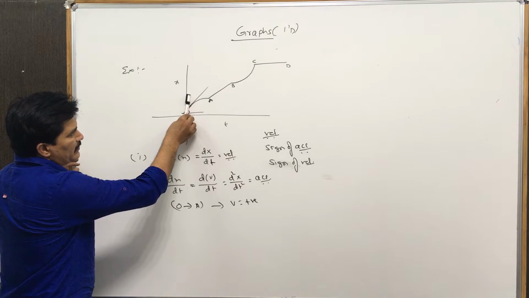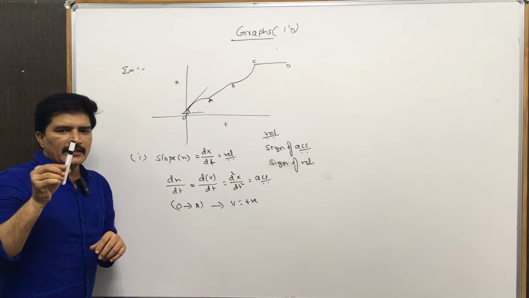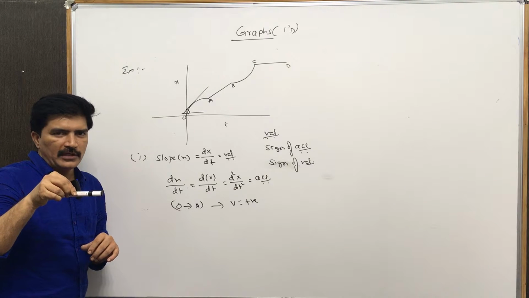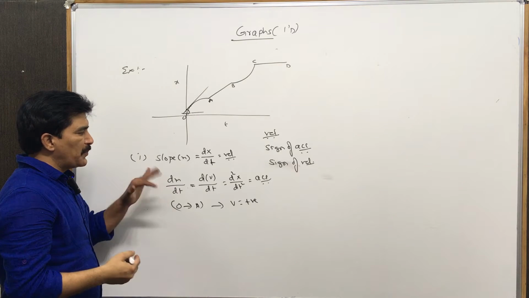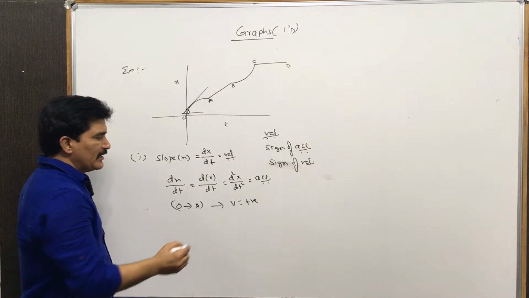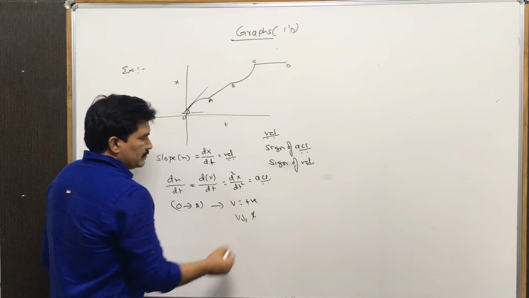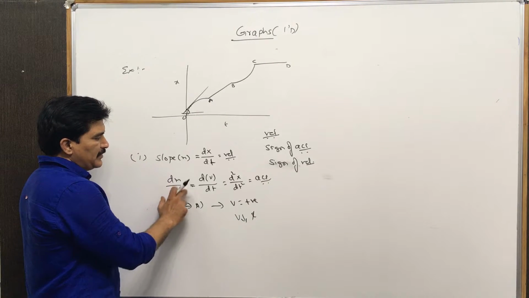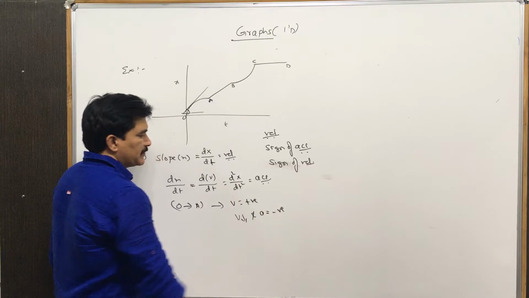At this point the tangent is like this, later like this, later like this, indicating that the tangent is moving towards the horizontal. Theta is decreasing means slope is decreasing. As slope is decreasing, I can conclude that velocity is decreasing, and slope decreasing means this is negative, indicating that acceleration is negative for this part.